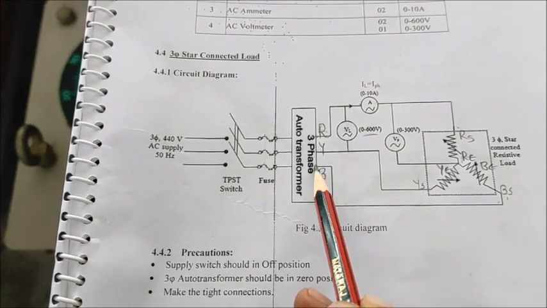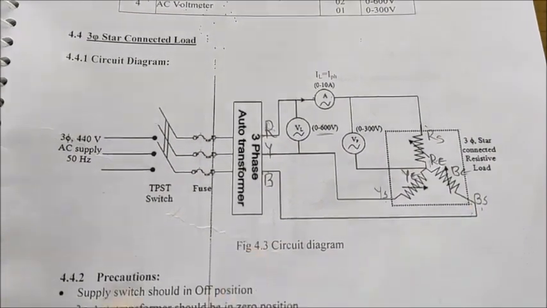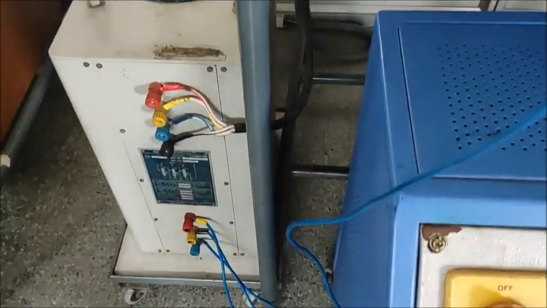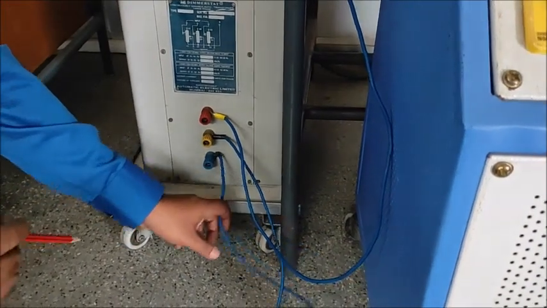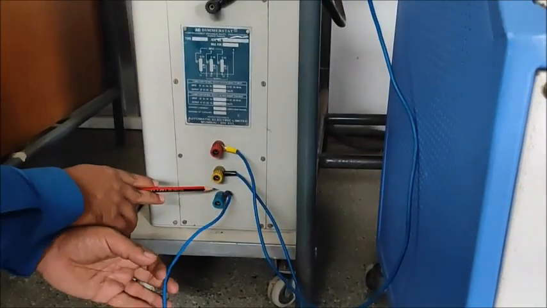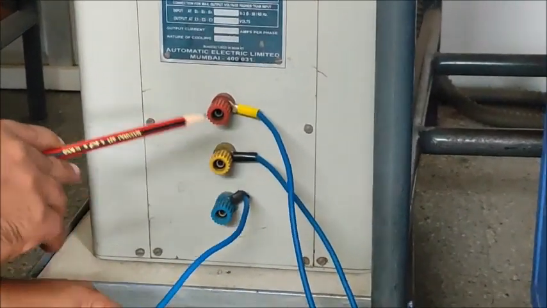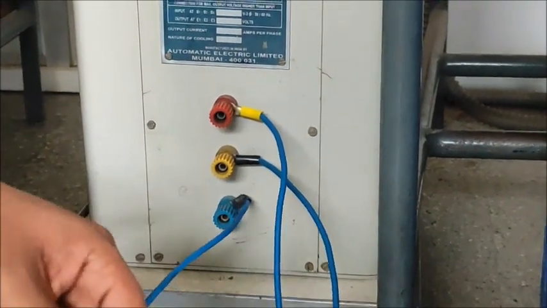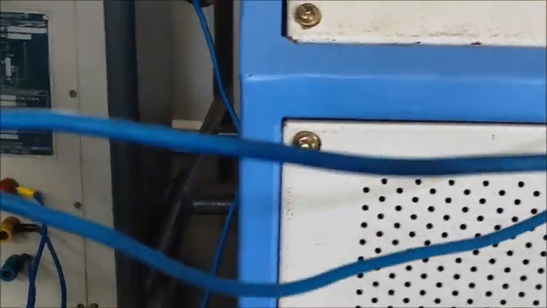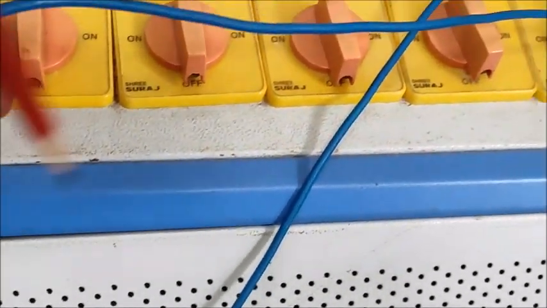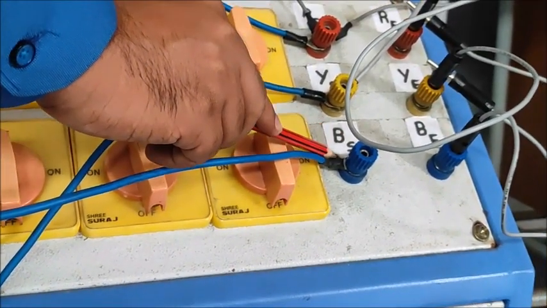That is, the B terminal of the auto transformer to the BS terminal of the load. If you trace this B terminal of the auto transformer, we have directly connected it to the BS terminal of the load.